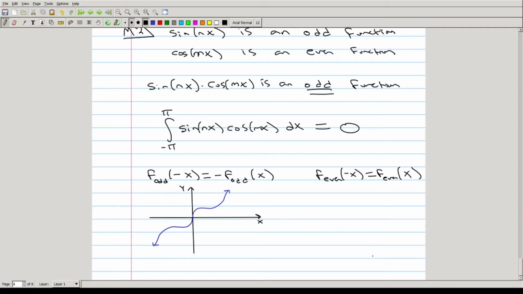Whereas for an even function, if f looks like this, I'll make it look a little bit different, this maybe for positive values of x, and for negative values of x, it's going to be flipped and look like this.